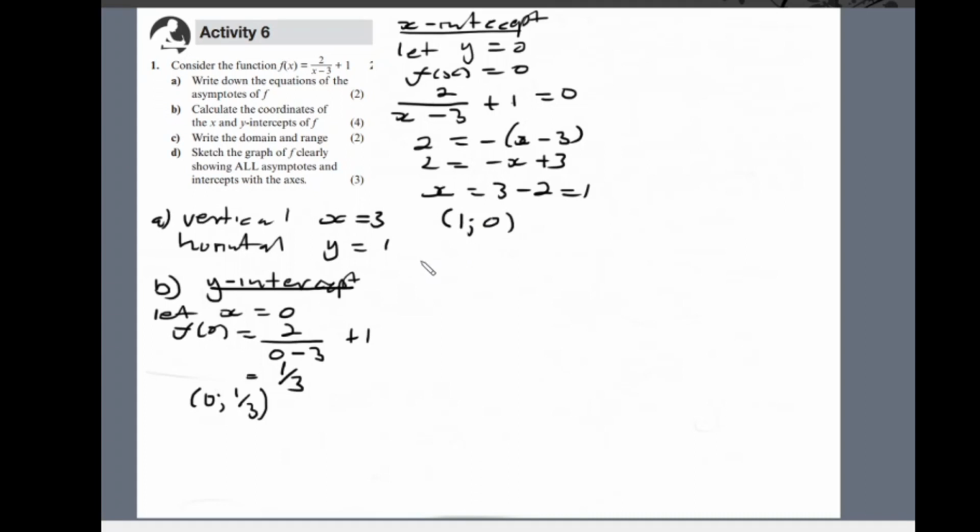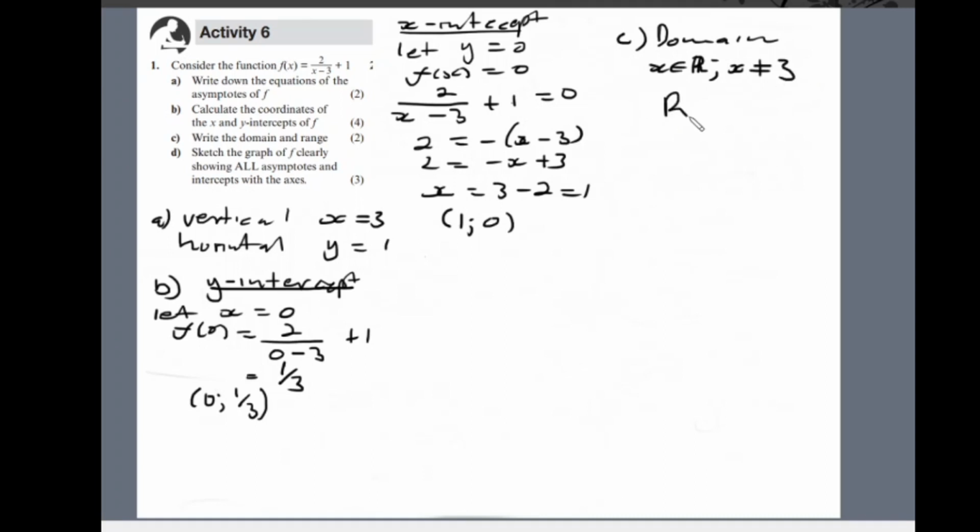Now moving on to question C. They want us to write down the domain and the range. The domain is x, element of real numbers, but then x cannot be equal to the vertical asymptote.